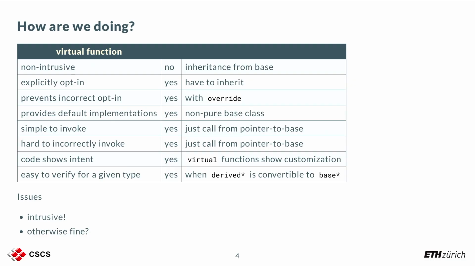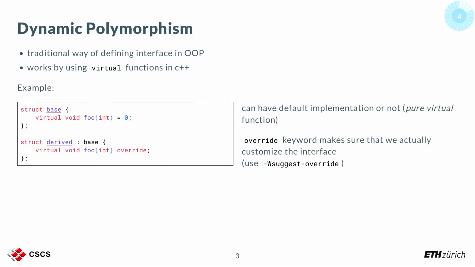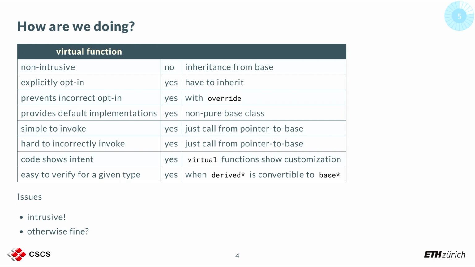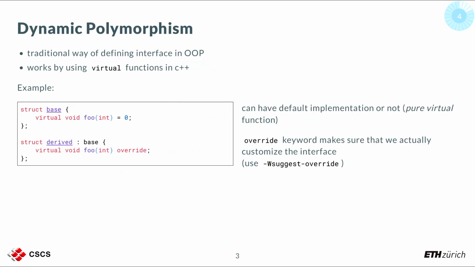Well, it is explicitly opt-in because we need to inherit, so we have to write that I inherit from the base, so that's very explicit. It prevents incorrect opt-in, yes, especially if you write override. So if that thing you override doesn't exist in the interface, you know that this is a compile time error.